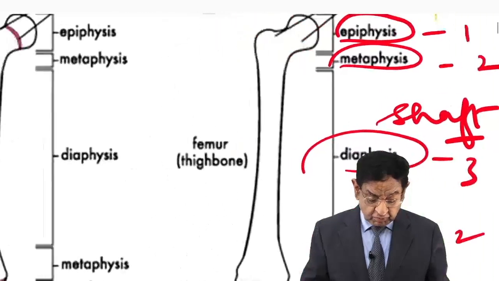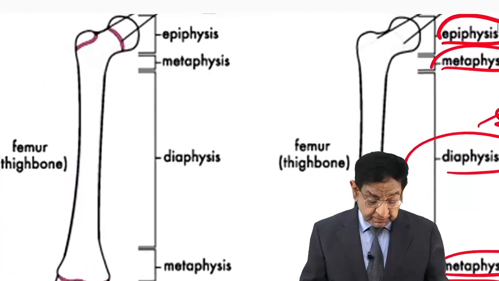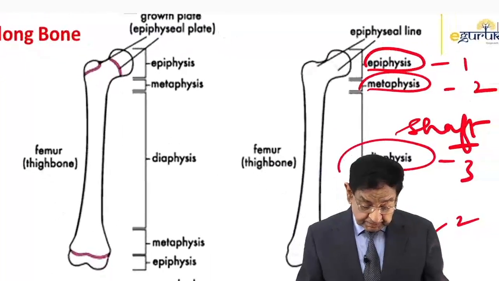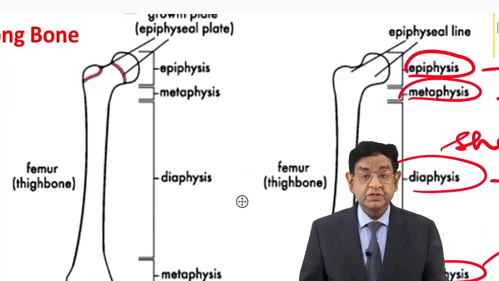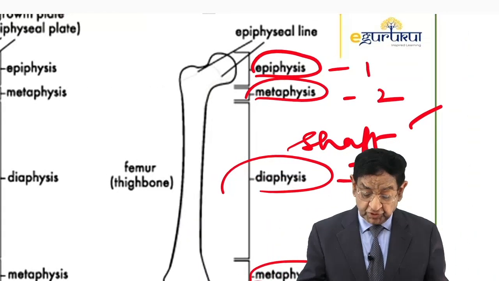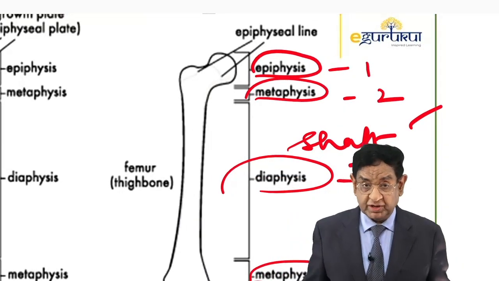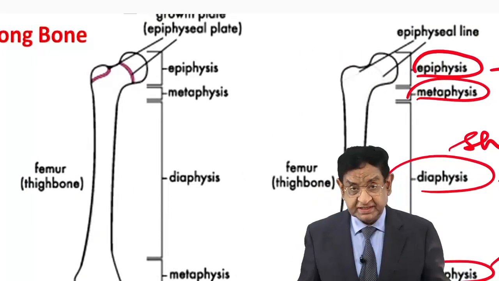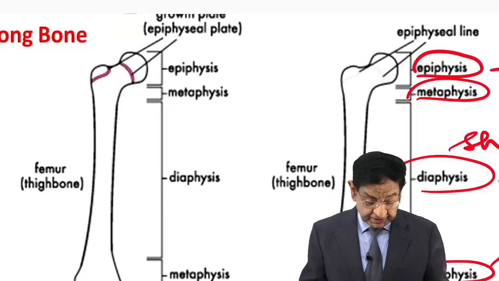Let's talk in more detail about the metaphysis. So this was a fully grown adult bone, like yours and mine. But in children, there is one difference. Let me focus on that difference only.